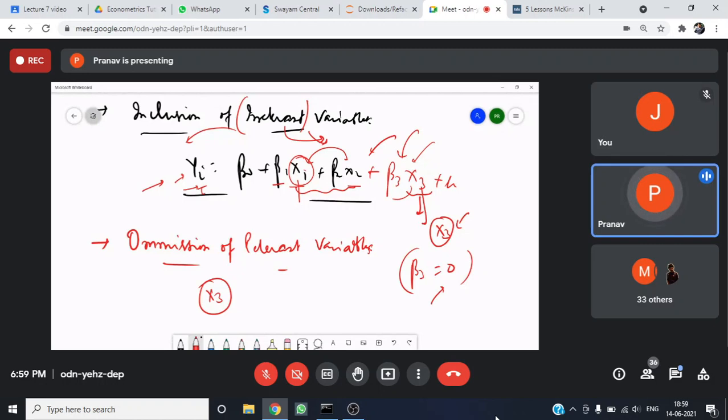That's why it is called an irrelevant variable. So irrelevance comes from the interpretation that, in the presence of the included explanatory variables, the explanatory variable loses its own partial significance with respect to y.